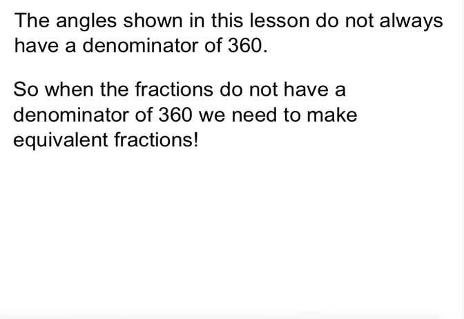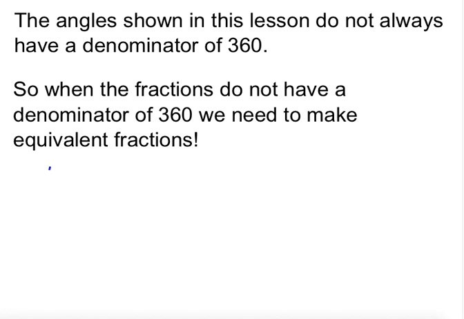However, the angles shown in this lesson do not always have a denominator of 360. Of course they don't. So when the fractions do not have a denominator of 360, we need to make equivalent fractions. So we got to put a little work into it, all right? So what does that mean? So that means, for example, this is a fraction, okay?